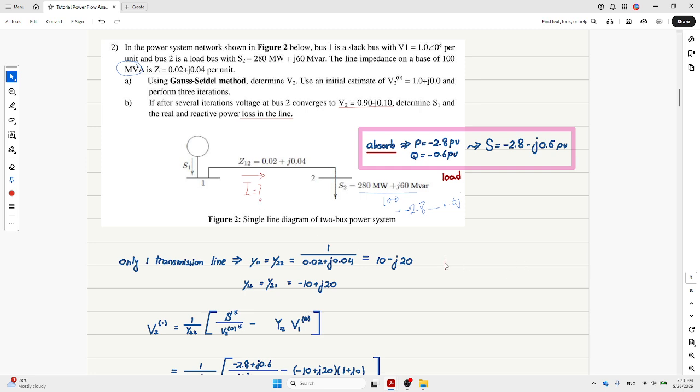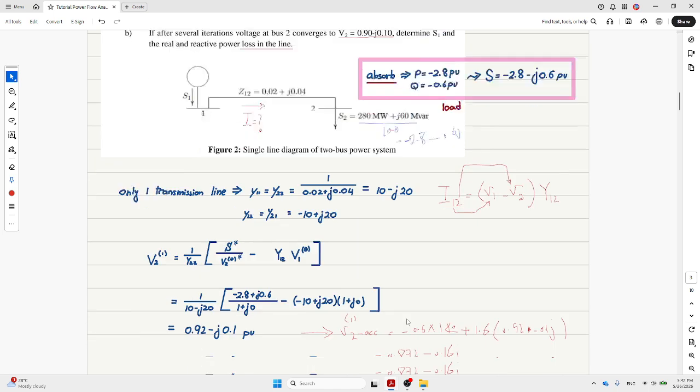We know the current between bus 1 and bus 2 is equal to the voltage of bus 1 minus the voltage of bus 2, times y12, correct?